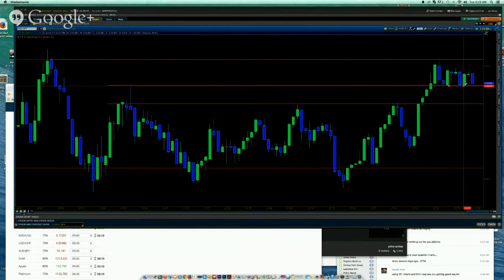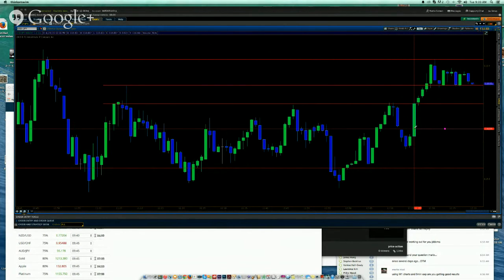So we'll see right now if it's going to be in a channel and just keep bouncing off of this support line, or if it's going to pass the support line and go back to the original old resistance line that became a support line once it broke right here. Okay, so that's what we want to see. It looks like it's going to break.